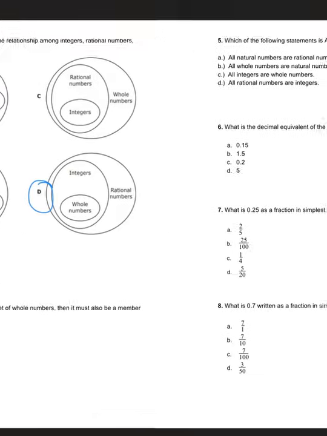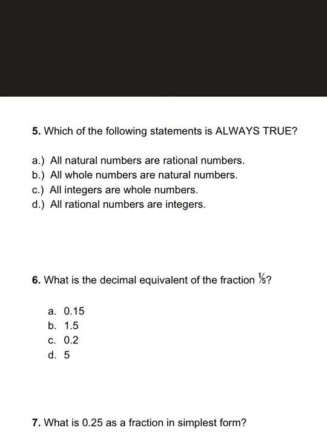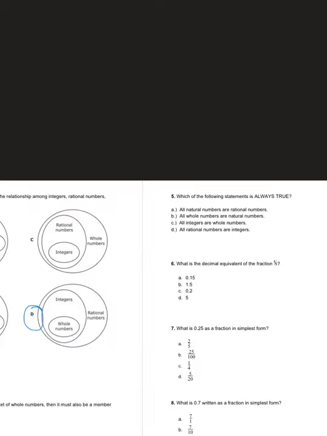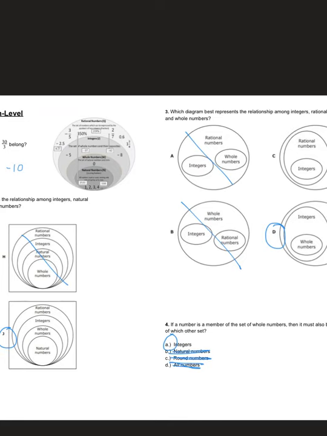Next question, number 5. Which of the following statements is always true? Looking at the first one, it says all natural numbers are rational. So when I look back at my picture, here's my natural numbers.